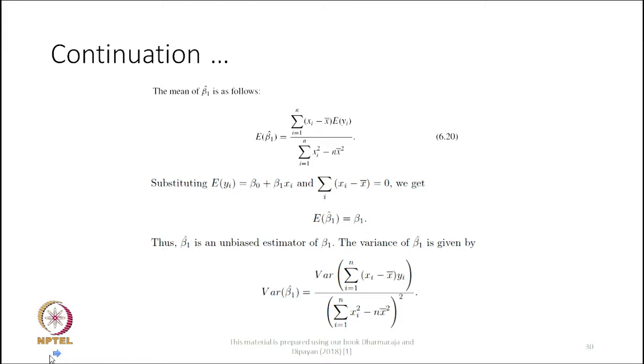You can compute the variance of the estimator beta 1 cap also. Use the same logic: you find the variance of the right hand side given in the previous equation, and since the denominator is a constant, it becomes a square, and you identify the variance of the numerator, then you can simplify and get the result.